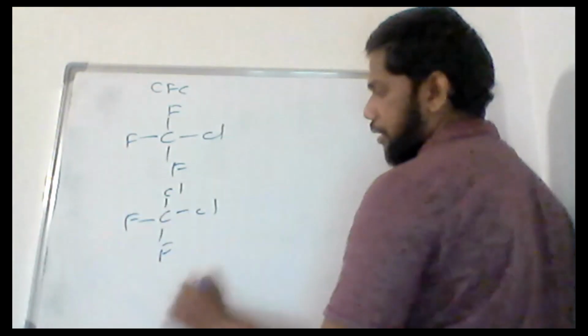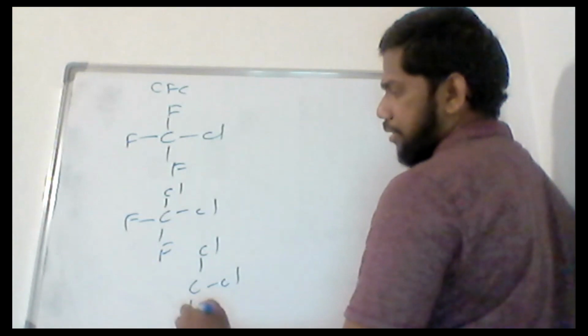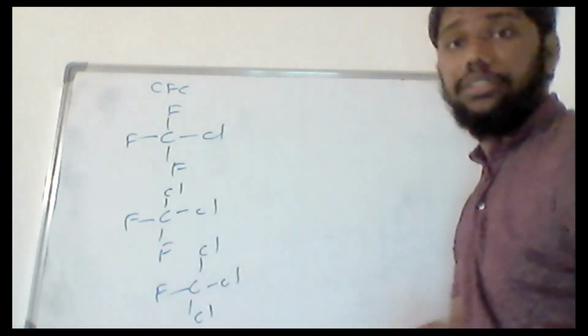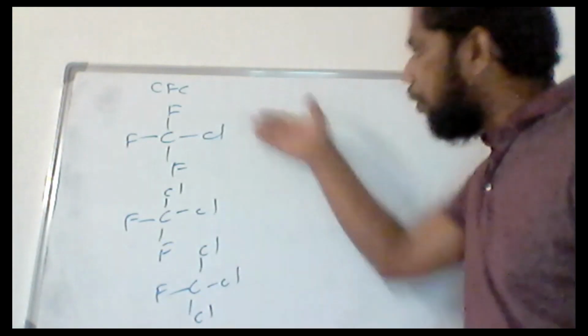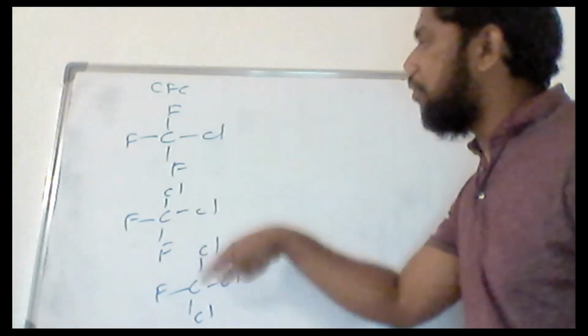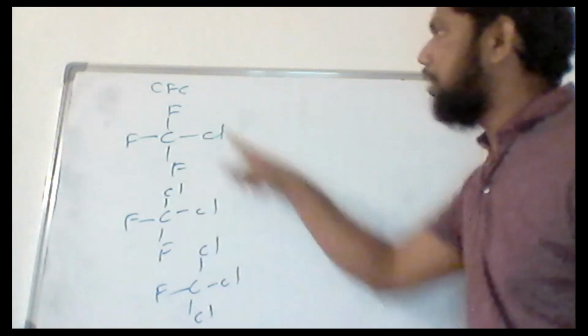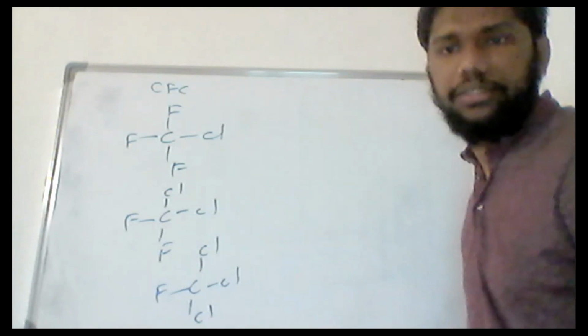You can draw these three structures, but you cannot draw one without fluorine because it will not then become a chlorofluorocarbon. Fluoro is not there. But all these are chlorofluorocarbons. We have chlorines, we have fluorines, and we have carbon, with a single carbon atom. That is what they expect. Okay, so these are chlorofluorocarbons.